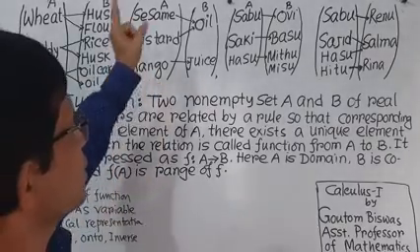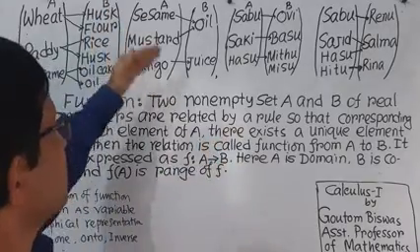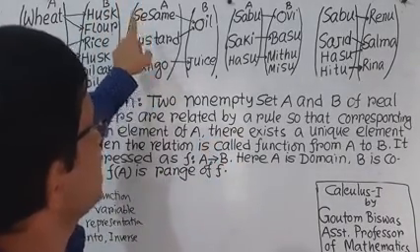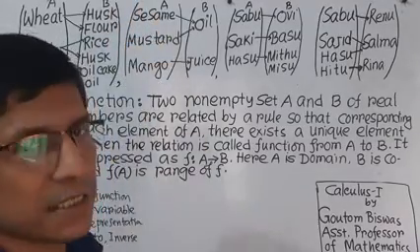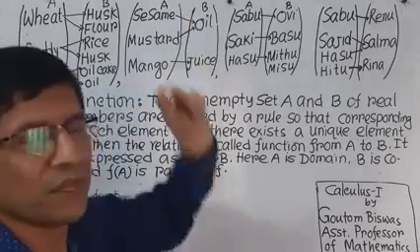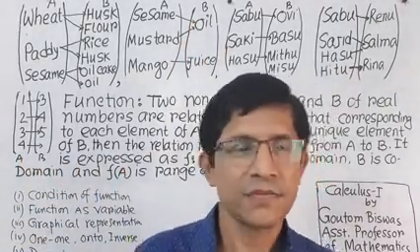Mustard, one item, you will get oil. Mango, one item, you will get juice. That means one element of the first set gives one output, that means one element of the second set.